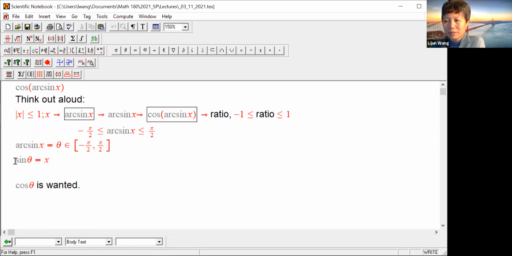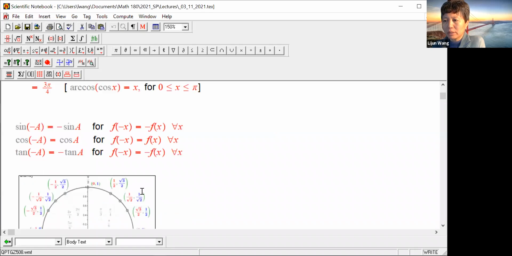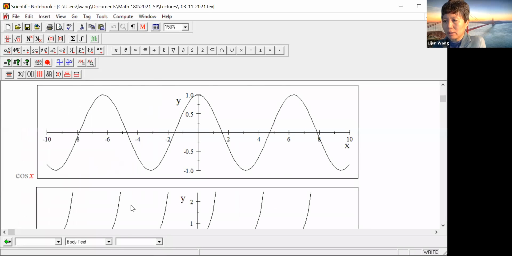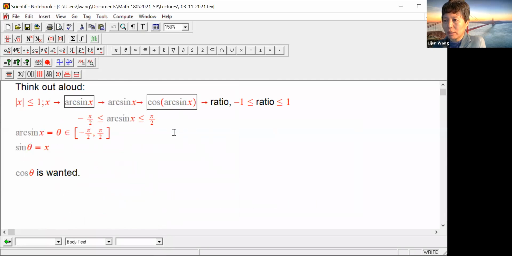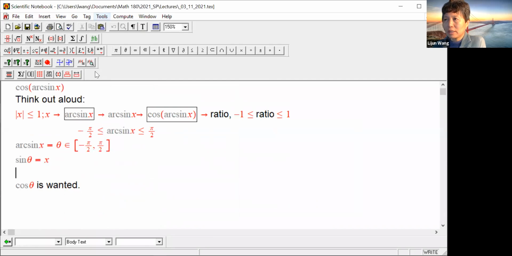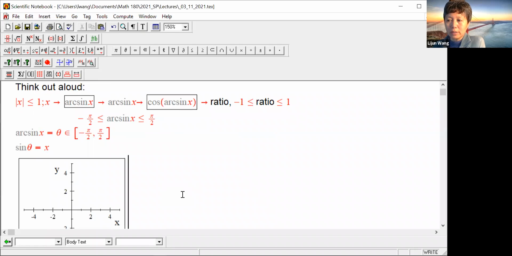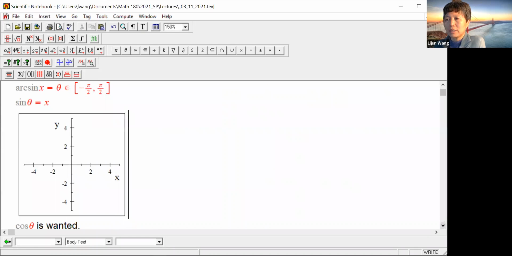When someone tells you sine theta equals x, what does that tell you? I'm going to bring my rectangular coordinates right here. We go back to ARD. What does it mean, sine theta equals x? And this angle has to be between negative π/2 and π/2.